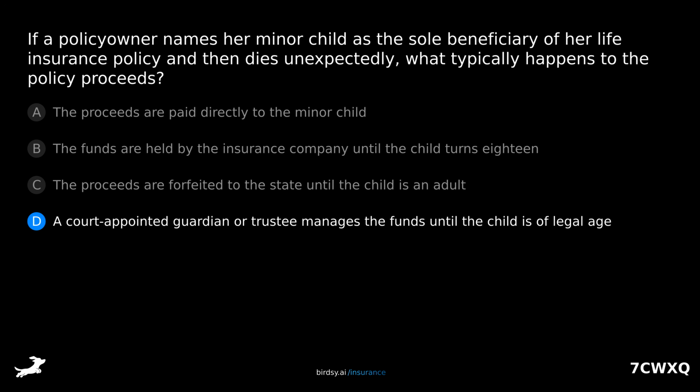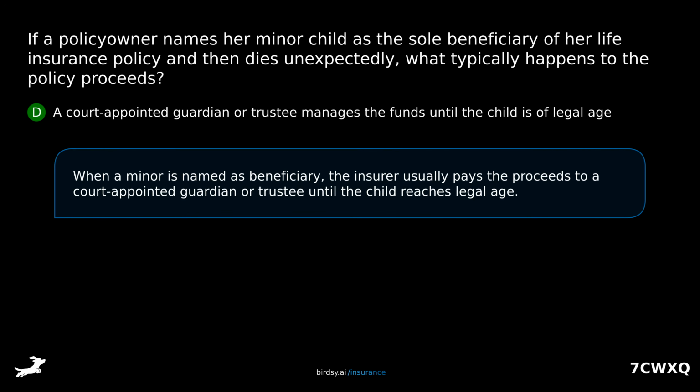Or D, a court-appointed guardian or trustee manages the funds until the child is of legal age. The correct answer is D. A court-appointed guardian or trustee manages the funds until the child is of legal age. When a minor is named as beneficiary, the insurer usually pays the proceeds to a court-appointed guardian or trustee until the child reaches legal age.